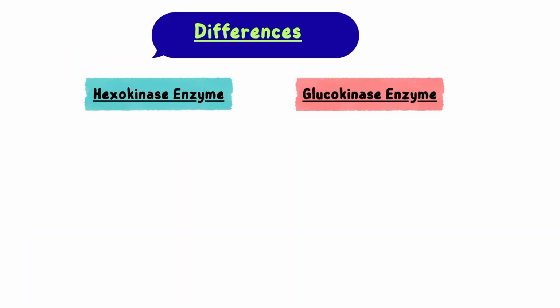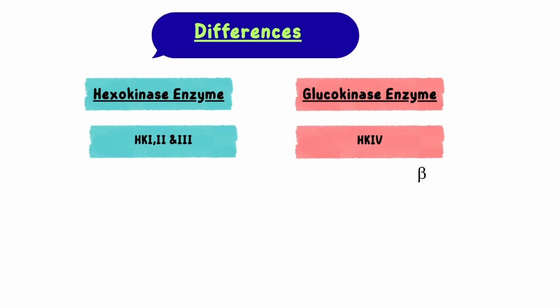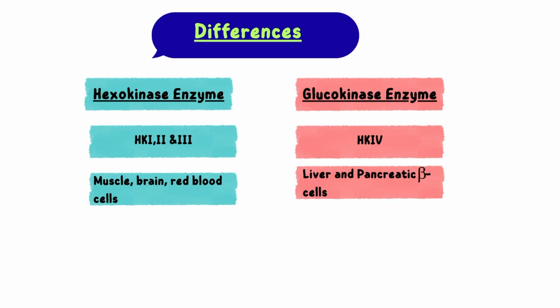The basic differences between hexokinase enzyme and glucokinase enzyme are as follows. HK1, HK2 and HK3 are the examples of hexokinase enzyme, and HK4 is known as the glucokinase enzyme.